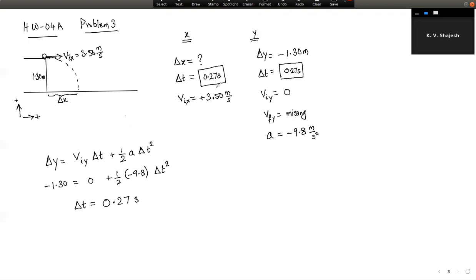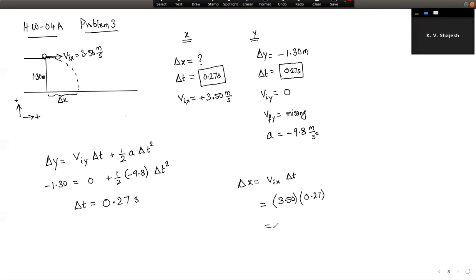Once we have the time, we can use the only equation in the x direction. Delta x is equal to velocity times delta t, the standard uniform velocity formula. The initial x velocity is given to us, so that's 3.50 times delta t, which we have already found, 0.27.